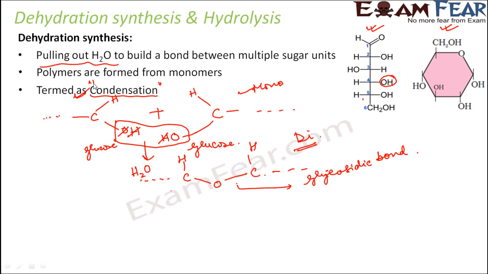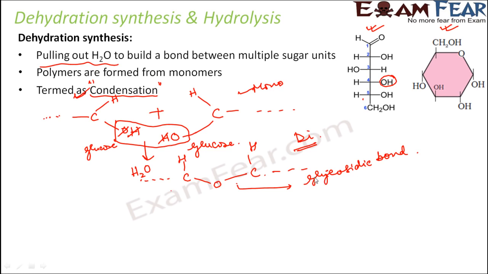Similarly, when we talk about proteins or lipids or nucleic acids, everywhere the polymers will be formed from monomers and they will be formed by the process of dehydration synthesis or condensation. So this process will remain the same. Take out one H2O and a bond will be formed.